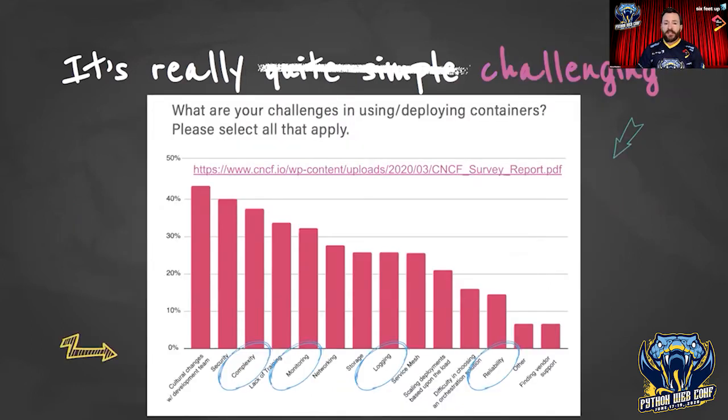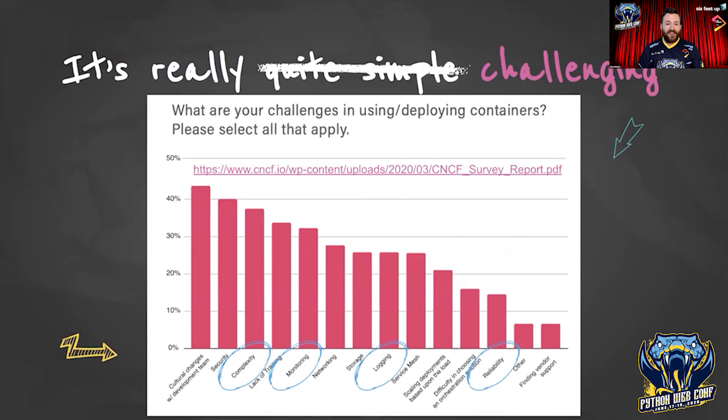Now, not only is it distributed and complex, it's also really quite challenging to maintain a production environment at scale. And Python web applications are no exception to this. This is actually a survey that the CNCF, or Cloud Native Compute Foundation, ran.